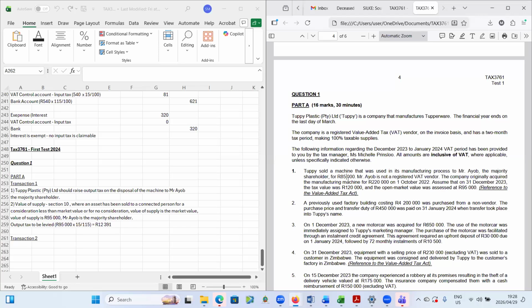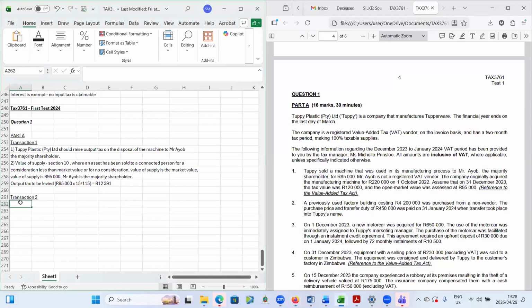I think it's a deemed supply. Is it a deemed supply, from the non-vendor? Notional input tax must be claimed. The purchase of the factory building from a non-vendor will result in the taxpayer, TAPI, claiming notional input tax.